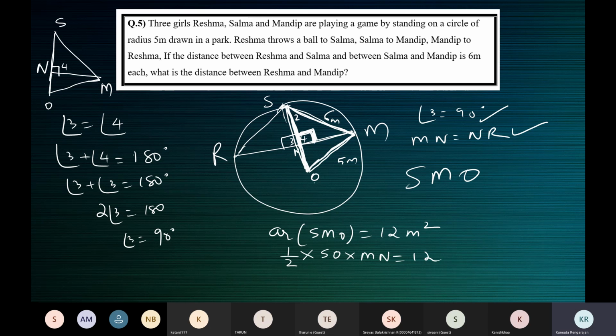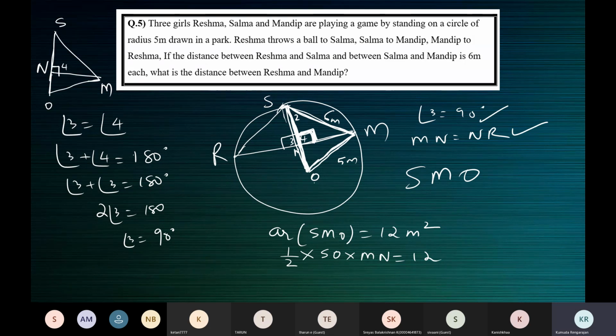Yes or no, children? For this base, you know the altitude. Now, if you ask me, what if we take OM as the base? You don't know the altitude on OM, so you don't take OM as the base. If you take SM as the base, also the altitude falls from the opposite vertex. For this triangle SMO, you know only one altitude, MN, to the side SO.